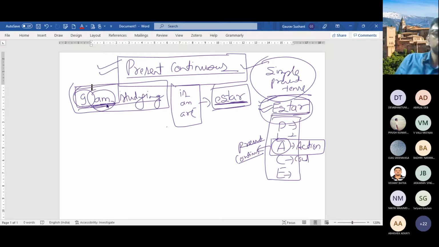So this part is already very easy. The subject is yo, so according to yo, the verb estar will be conjugated. So it is estoy. So yo estoy is done, I am. But the next part is studying.